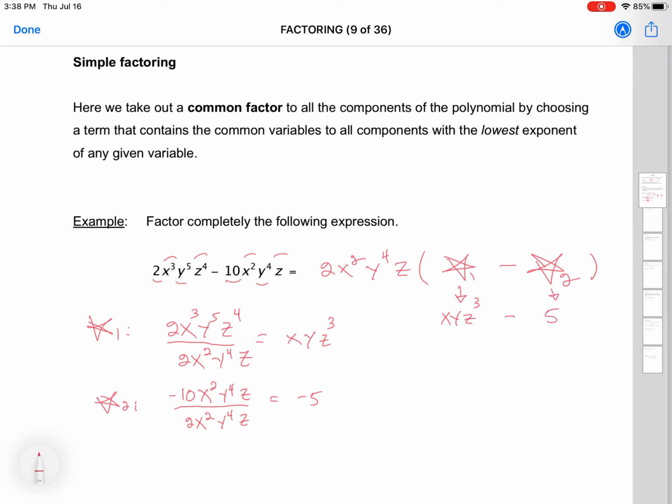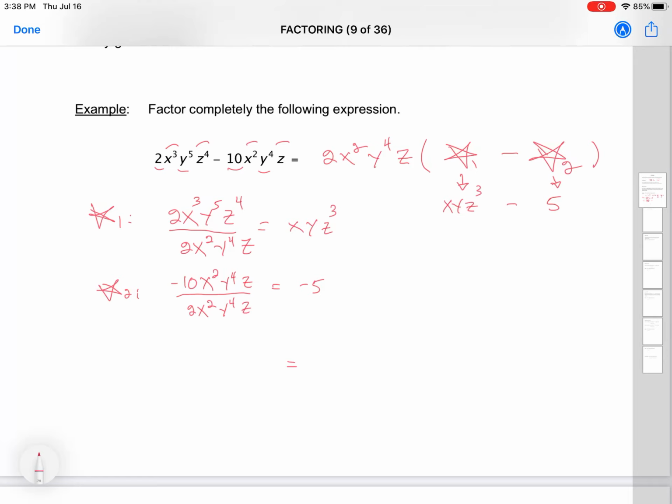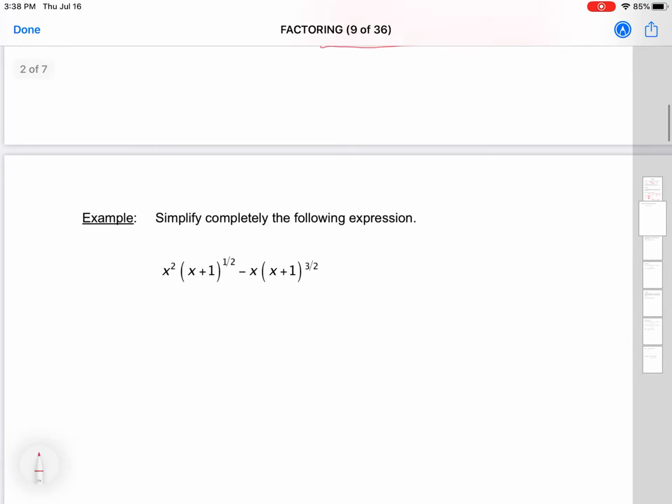The minus is already taken care of here, so the final answer for this problem is simply 2x squared y to the 4 z, bracket, x y z cubed minus 5. That's the idea behind simple factoring.